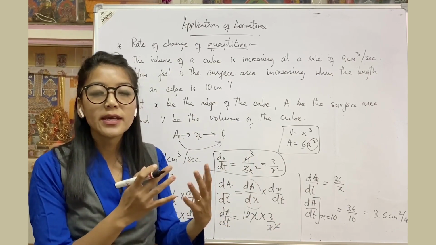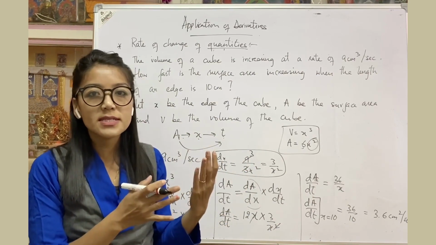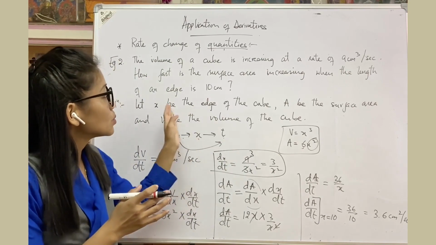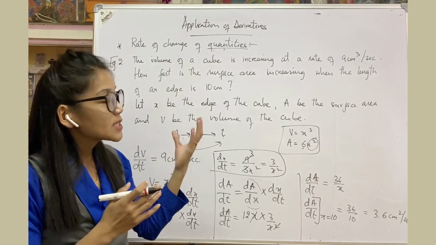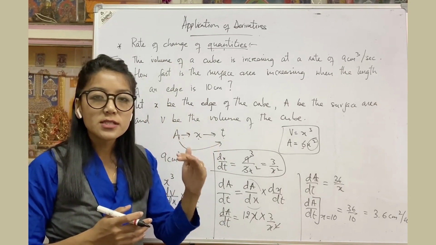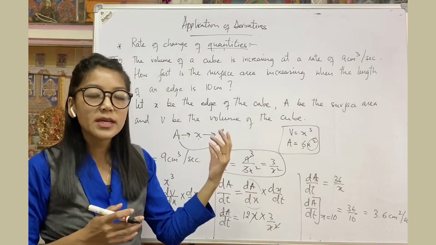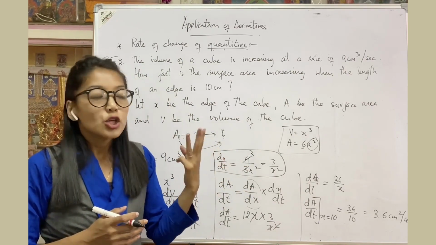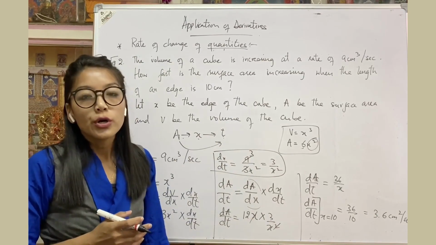So you need to apply the chain rule here, otherwise all the concepts are the same. The first one is more general, we are just taking 2 variables, but here we are considering 3 variables. So this is how you do it.